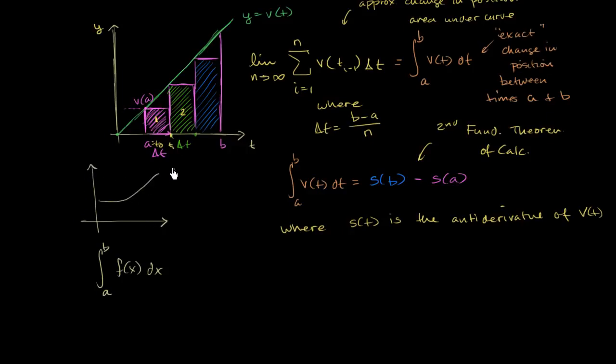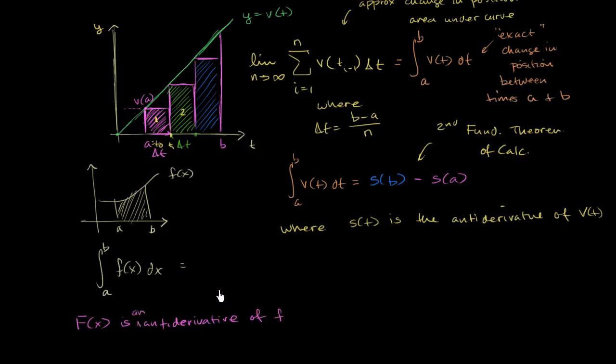So this right over here could be f of x, and we care about the area under the curve between a and b. If we want to find the exact area under the curve, we can figure it out by taking the antiderivative of f, and let's just say that capital F of x is an antiderivative, because you can have multiple that are shifted by constants.